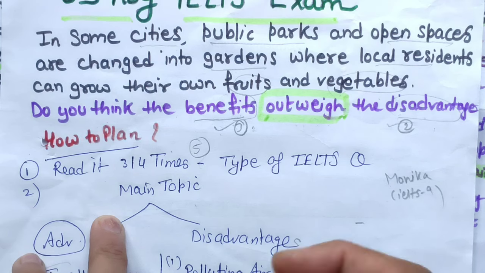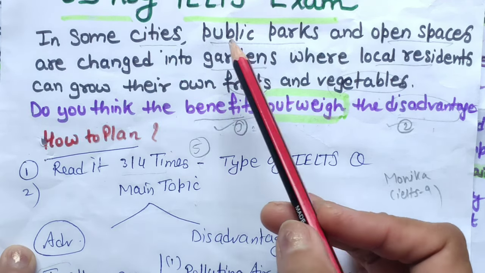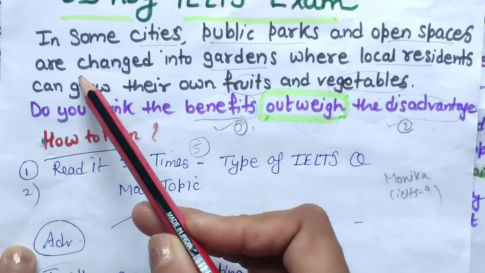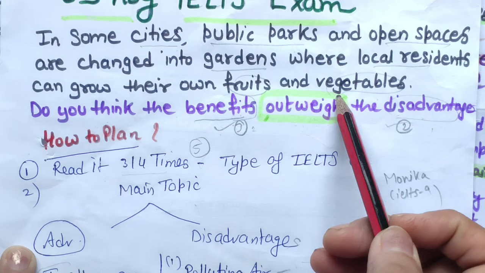Before that, we have to read the question statement 3-4 times. In cities, public parks and open spaces are changed into gardens where local residents can grow their own fruits and vegetables.